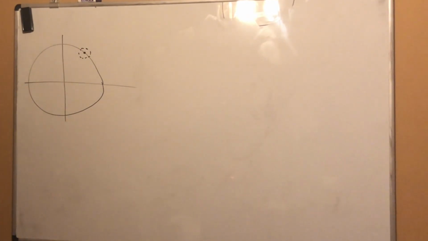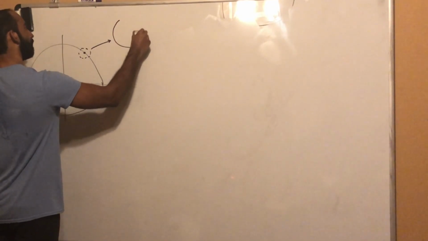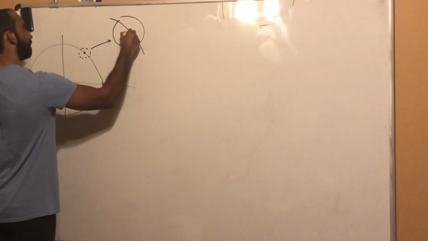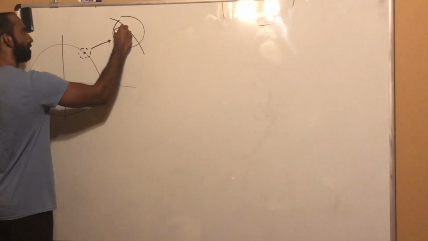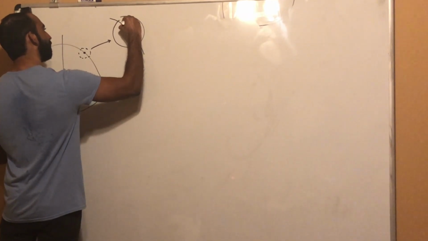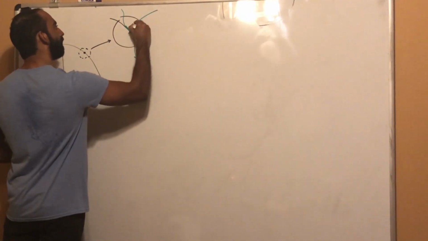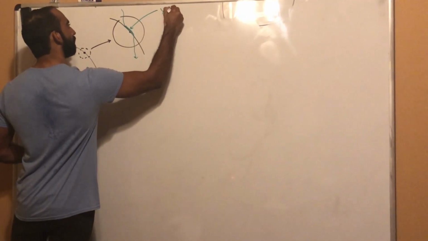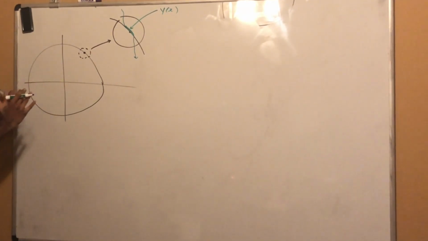If I take some neighborhood of that point and blow it up, so we zoom in, because it's a nice smooth curve, I can find some function y of x. And maybe it goes off and does some other thing afterwards, but I can find some function y of x that exactly matches this graph in some neighborhood of this point.